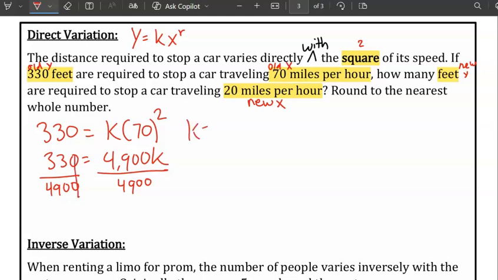We just said that k equals 33 over 490. We'll leave it in fraction form for now. That's the constant of proportionality.